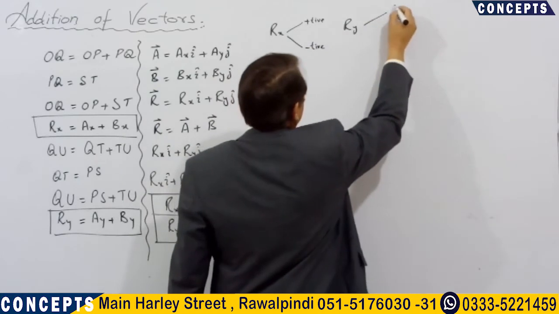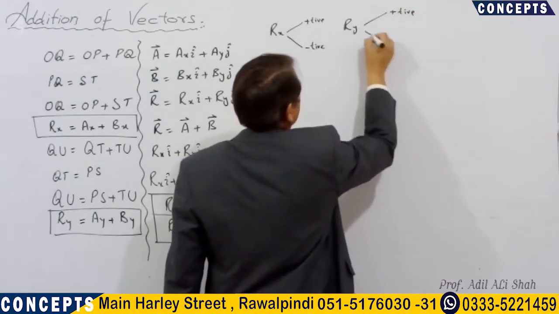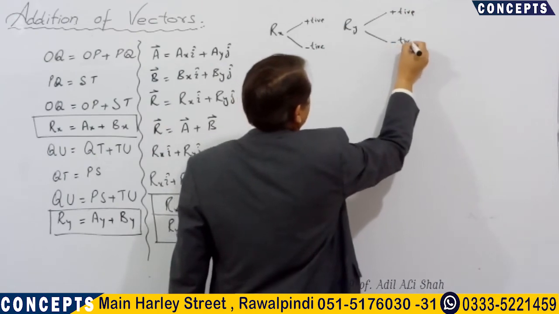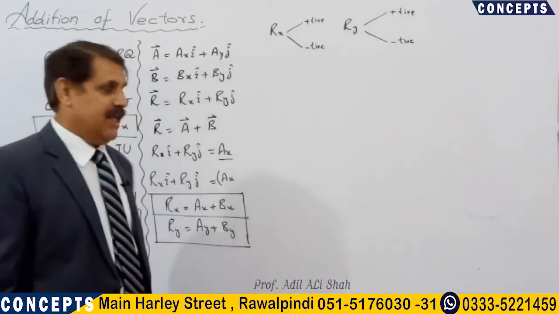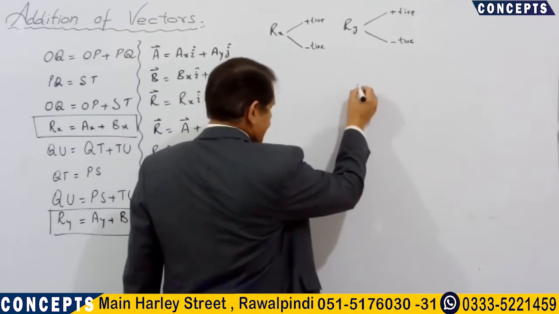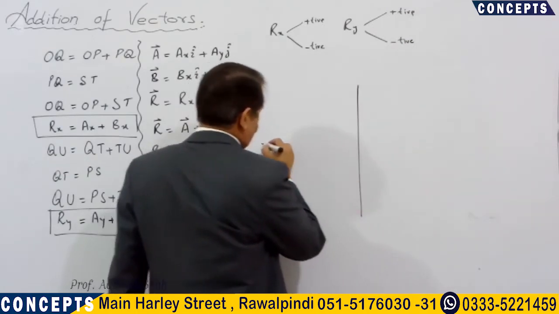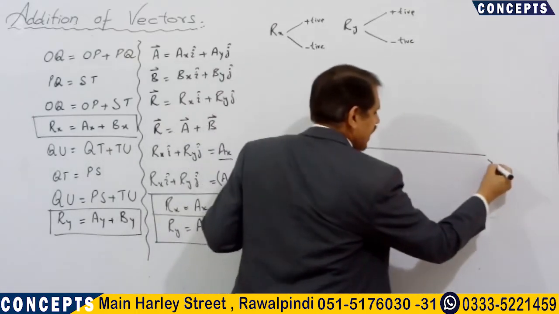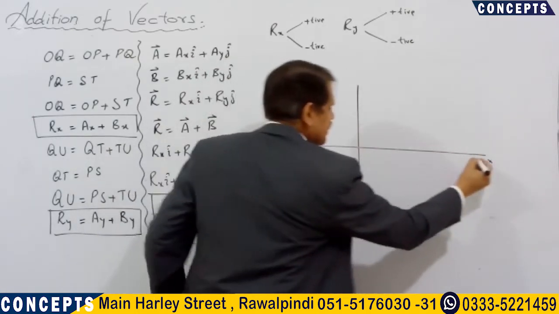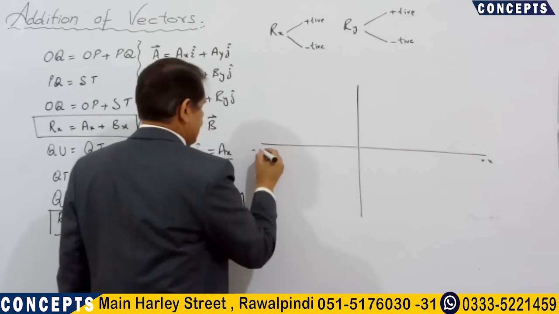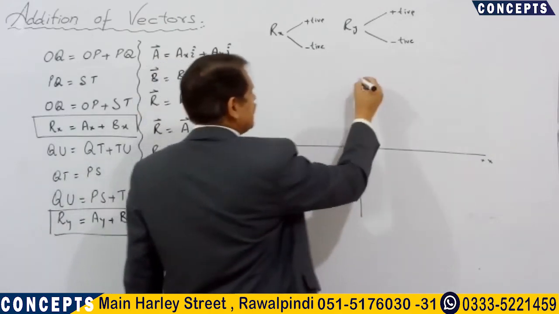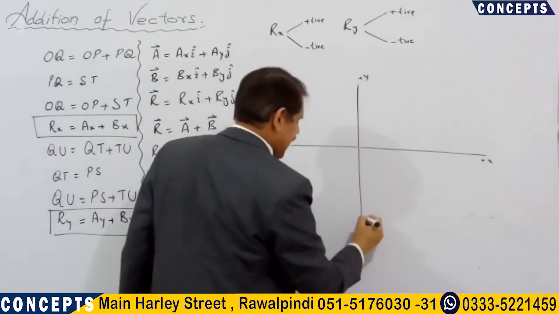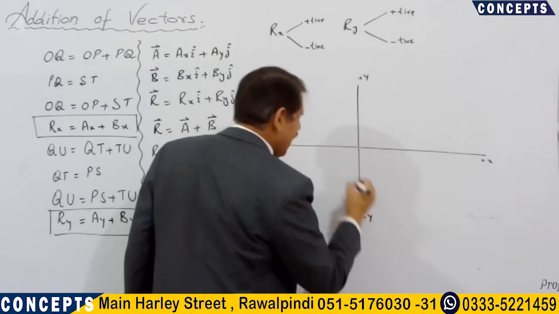Similarly, Ry is positive or negative. If we draw the four quadrants, this is the positive x-axis, along this the negative x-axis, the positive y-axis, and the negative y-axis.